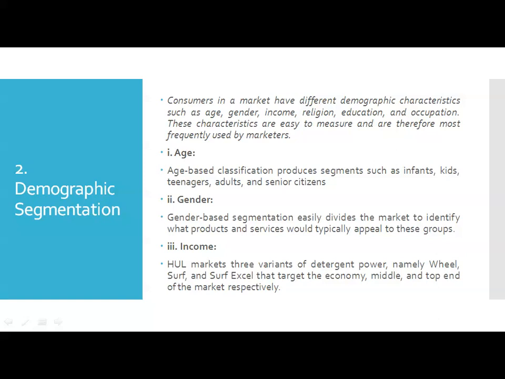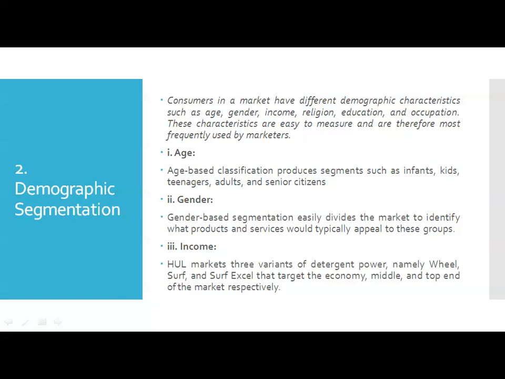For instance, Unilever markets three variants of detergent powder: Wheel, Surf and Surf Excel. They are targeting three economic classes, that is, economy class, middle class and top end.